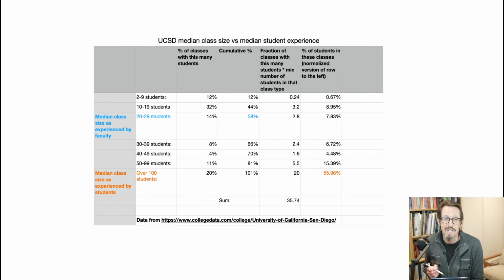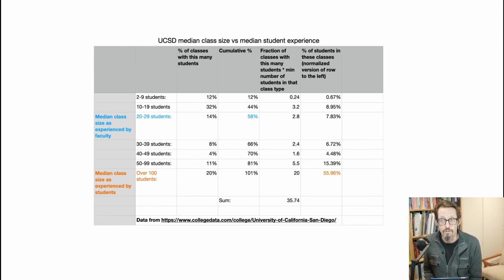Or really, we can find the median, because the median is the 50th percentile. So if we add up 12%, and 12 plus 32 is 44%, at this point we've got 44% of classes covered. And in the next step, the 20 to 29s, we get up to 58%. So somewhere in that bin, in probably the low 20s, is where the median class size is. Okay? So that's what the university reported to you.